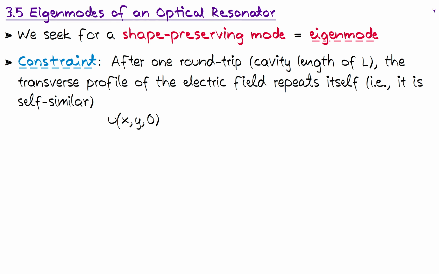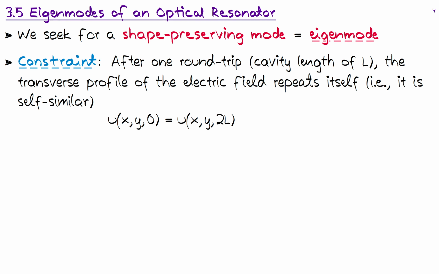Mathematically, what this means is that we have some transverse field profile denoted U, and we are just looking at a simple plane where the transverse coordinates are x and y, and the z coordinate is 0, which we can arbitrarily dictate. We require periodic boundary conditions.